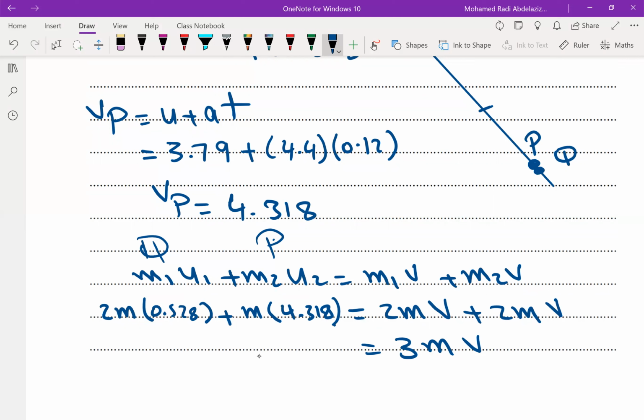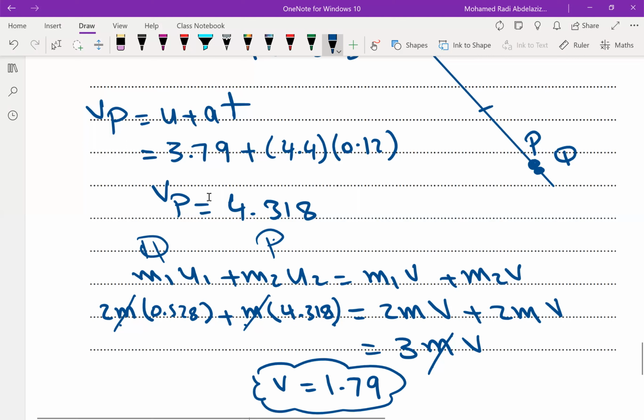We can divide it by m. So 2 times 0.528 plus 4.318, then divide the answer by 3. So V equals 1.79. This is the final answer for the velocity after the impact.